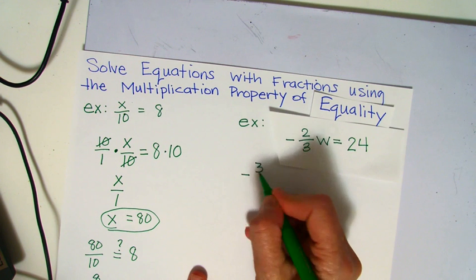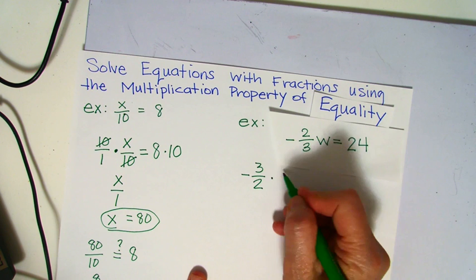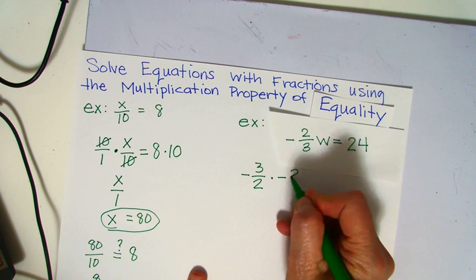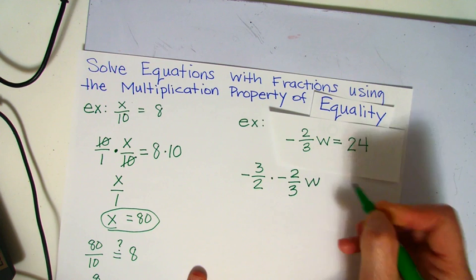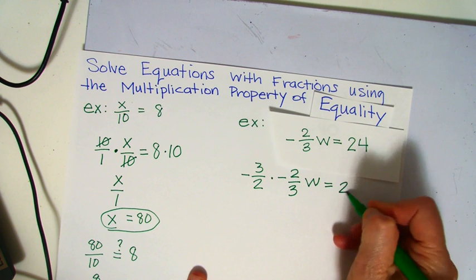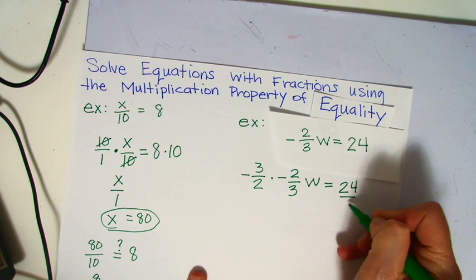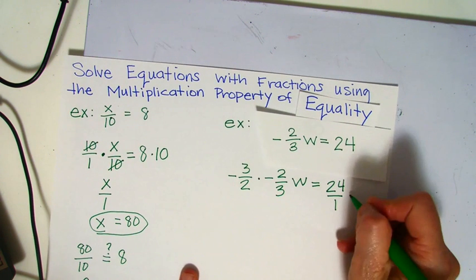Negative 3/2 times negative 2/3 times w equals 24 over 1. And I do that because I am multiplying by a fraction.